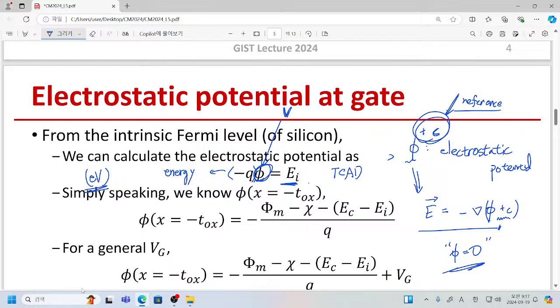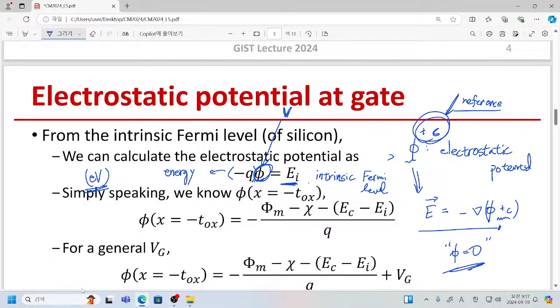Then what is E sub i? In this case, E sub i is the intrinsic Fermi level of the reference material. Okay, are you with me?